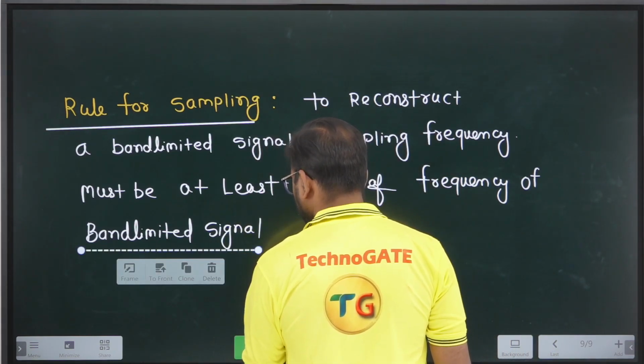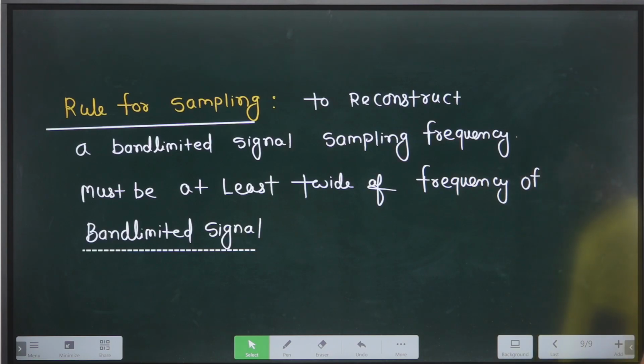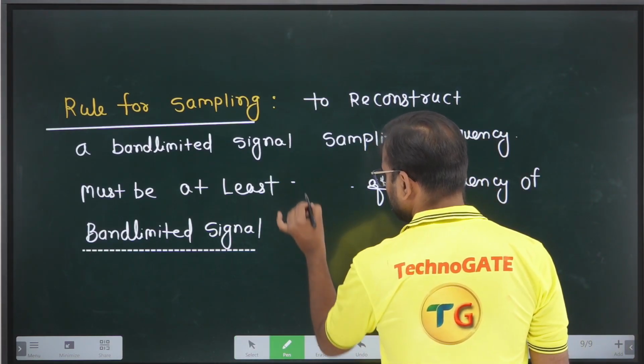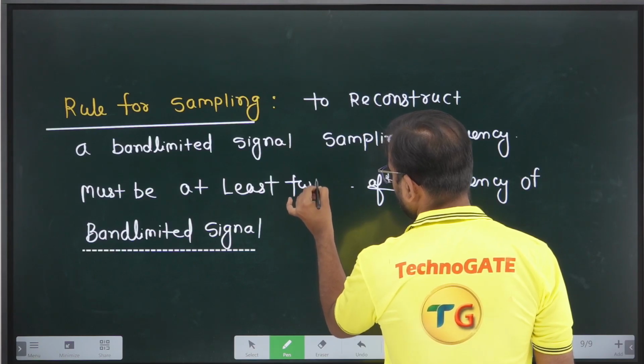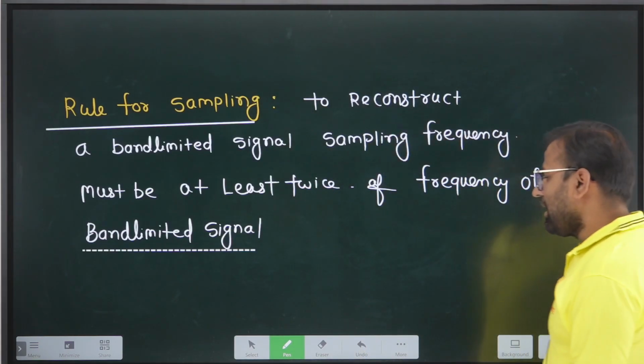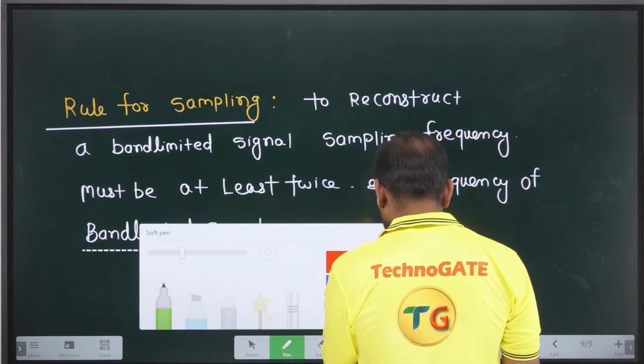This is the idea. It says, to reconstruct a band limited signal, the sampling frequency must be at least twice the frequency of the band limited signal. Let's say the frequency of the band limited signal is Fm.